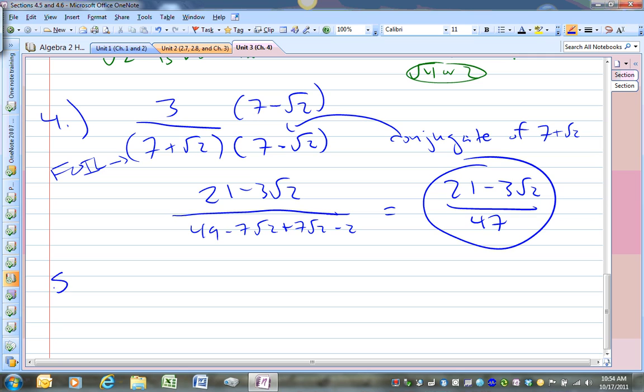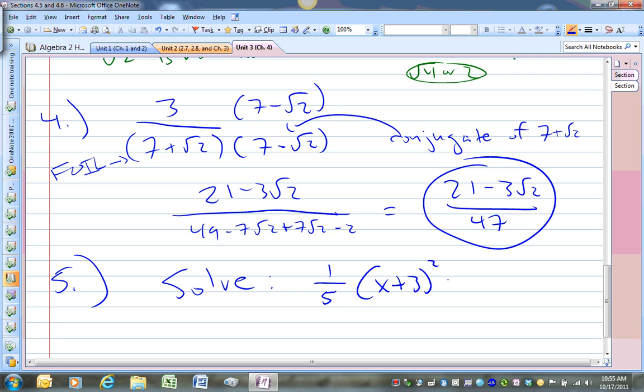Fifth example, let's say you're asked to solve, because the course is about solving equations. Say you're asked to solve the following. 1/2, actually I take it back, 1/5 x plus 3 squared equals 7.